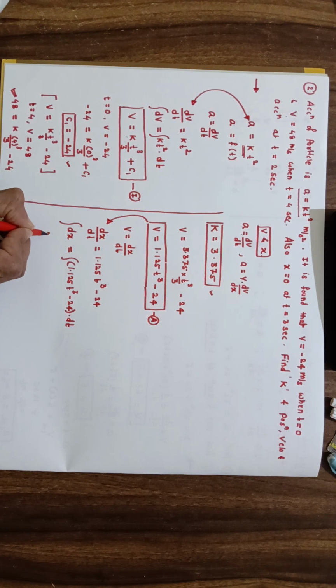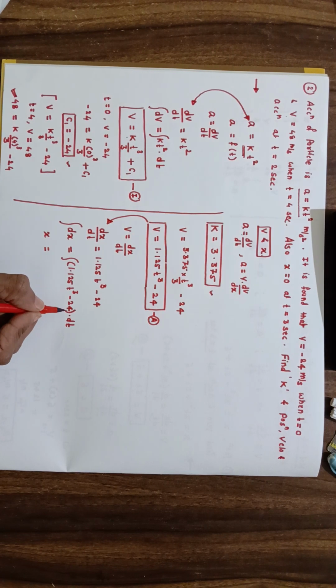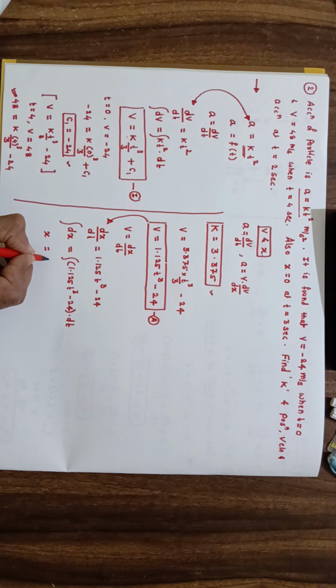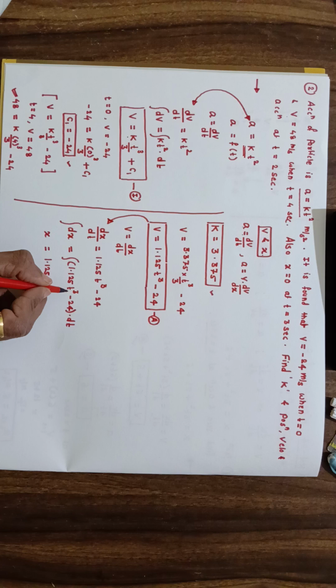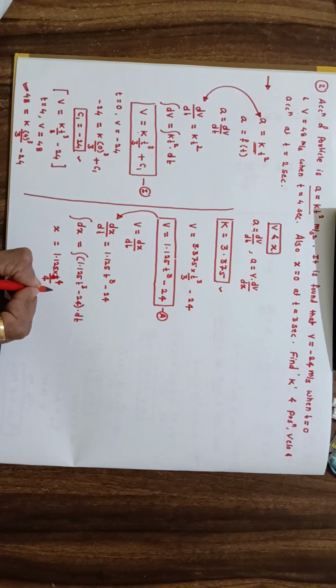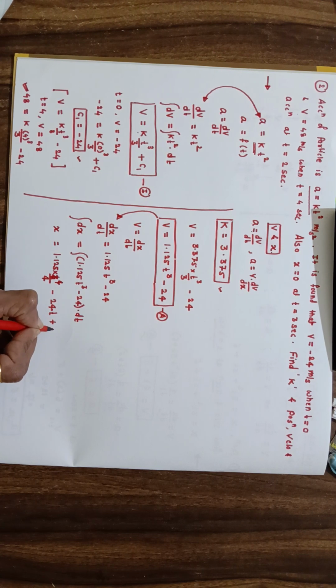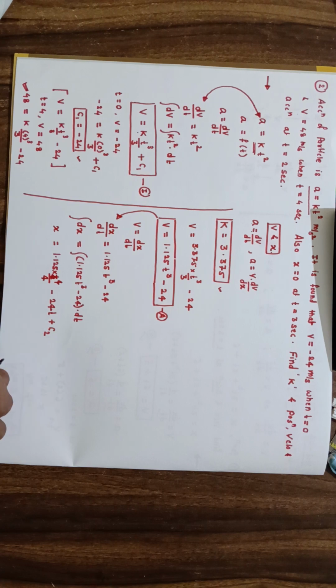So integration of dx is x, this is equal to, now integrate this complete equation. So integrate the first term 1.125 t cube. So this is 1.125, integration of t cube will be t raised to 4 divided by 4, minus 24t and plus the constant of integration, that is c2.